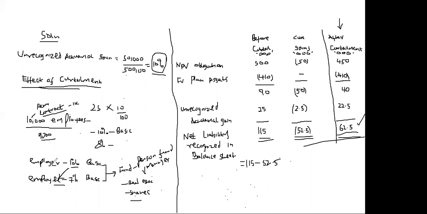So the money is contributed both by the employer and the employee, given to a pension fund manager. The pension fund manager now will take that money and then invest it in the assets. Those assets that are invested in, those are what we call now the plan assets.